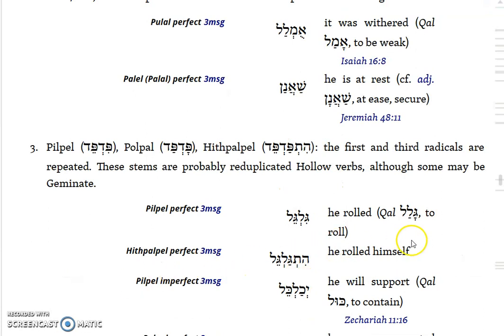And then there's yet another one, a pilpel form, where you will take a root like galal, and in this case, instead of doubling the middle consonant, you reduplicate the first consonant. So instead of getting two lameds, you get two gimels. And so galgal, he rolled. Hitgalgel, he rolled himself.